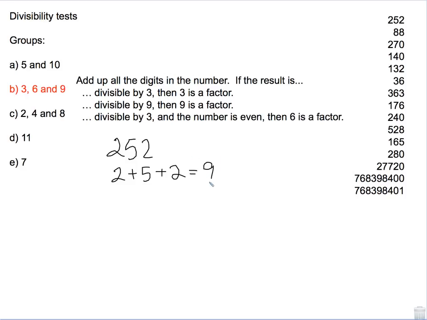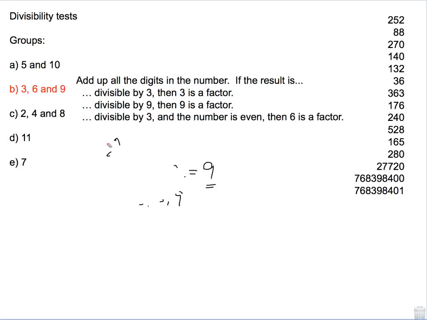Now, 9 is divisible by 3, so 3 is a factor of 252. 9 is also divisible by 9, so 9 is a factor of 252. And since 252 is divisible by 3 and 252 is even, then 6 is also a factor. So this is a case where 3, 6, and 9 are all factors of 252.